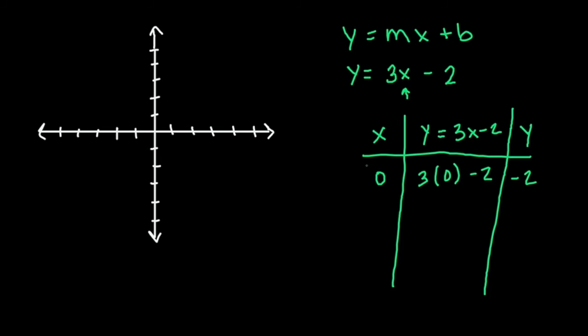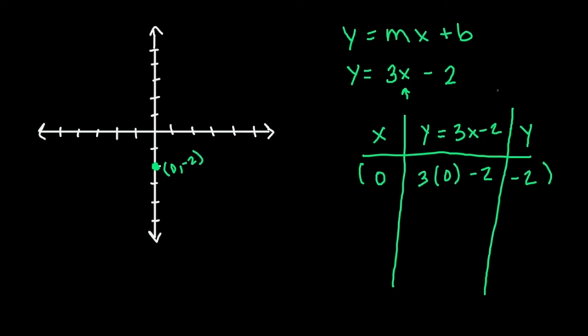So my ordered pair here is 0, -2. I'm going to find that here, x equals 0, y equals -2, one of my points on my line.